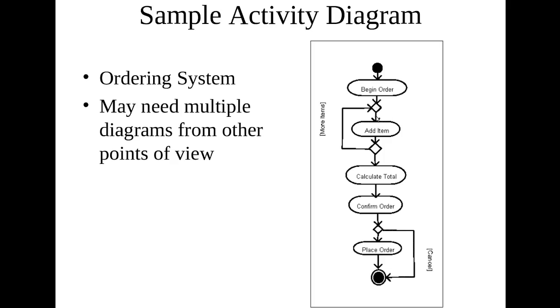Here you try to decide something and go for add item. This is a state where you will be doing something. Again you are deciding something here, maybe whether you have to repeat it or not. And then you go for calculating the total, whatever this thing.